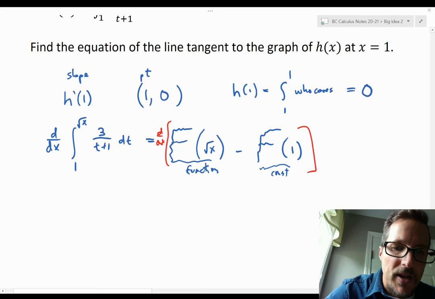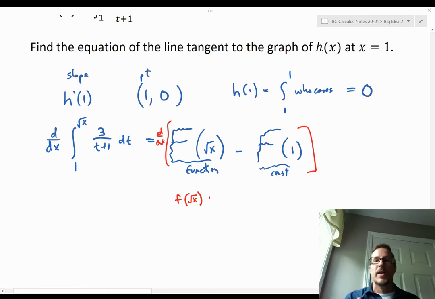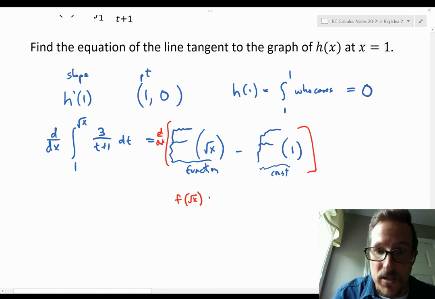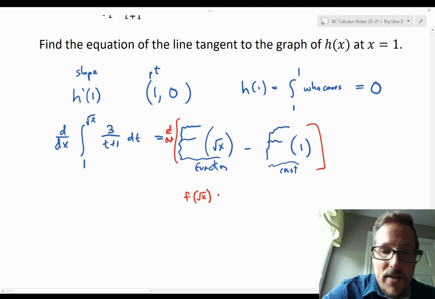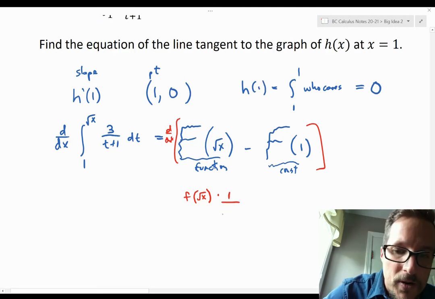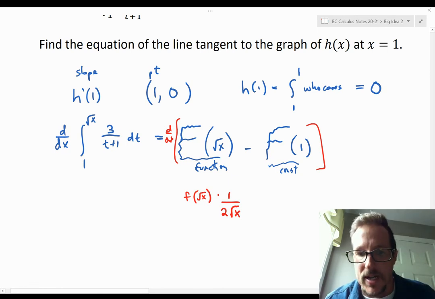So the derivative of cap F of root x is going to be back to little f of root x, but then I need to multiply by the derivative of the inside function, which is root x. So that's x to the 1/2. That will be 1 over 2 x to the negative 1/2. So 1 over 2 root x. And then the derivative of that constant is 0.